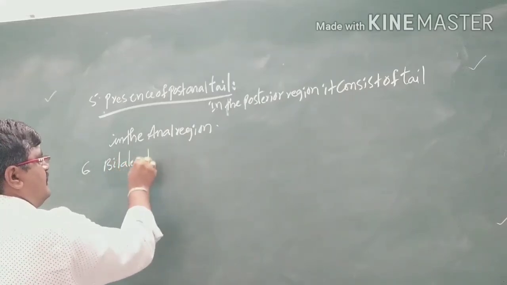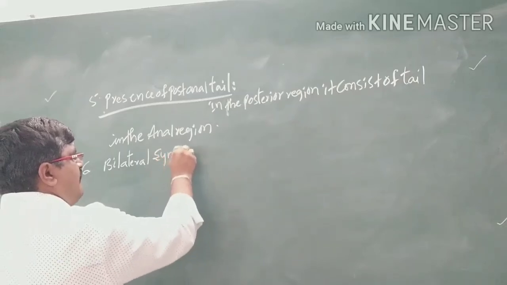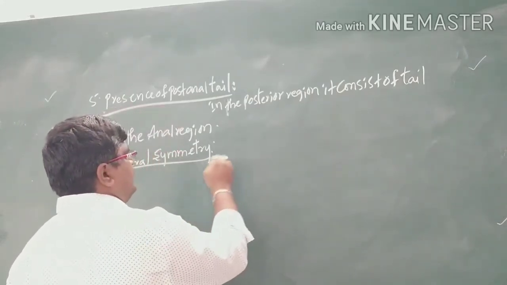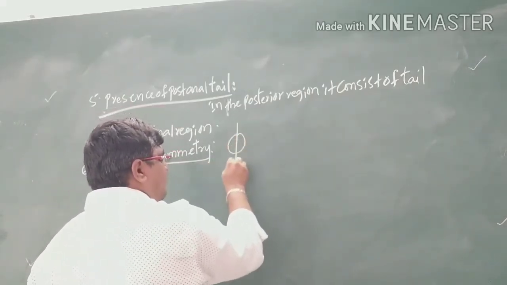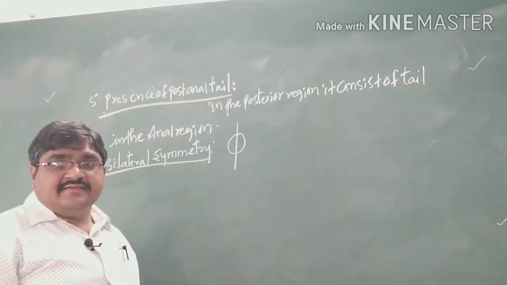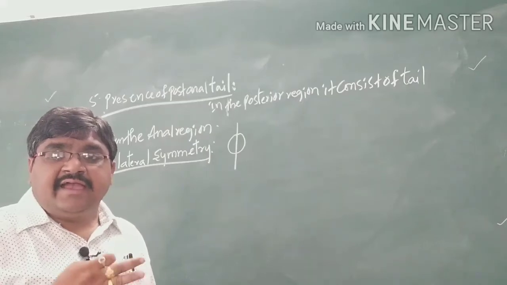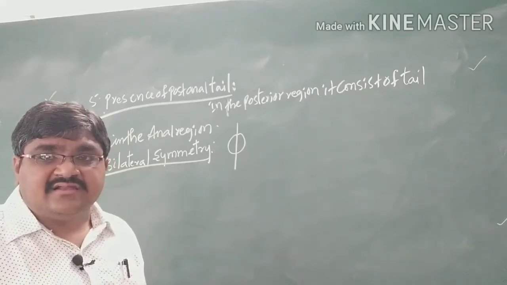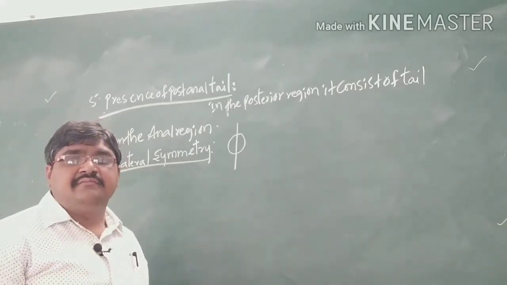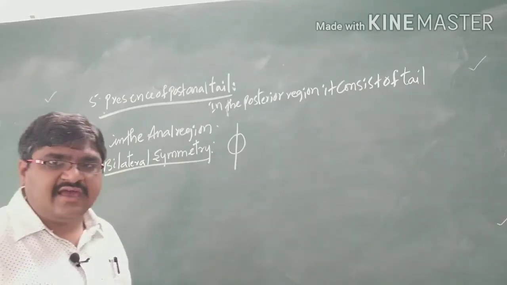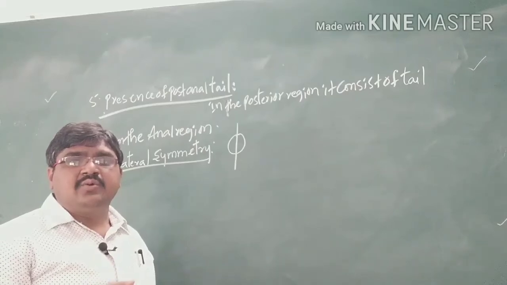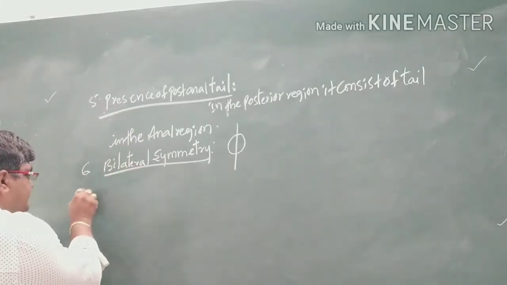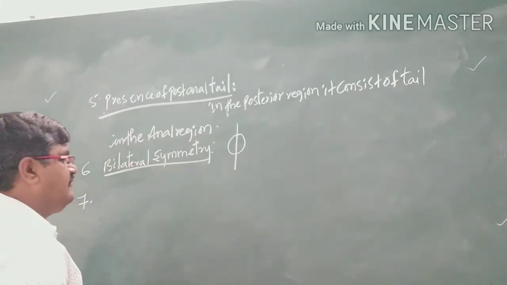Bilateral symmetry means when you cut the organism in only one vertical plane, two identical halves are produced. It is one of the fundamental characters present in vertebrates.